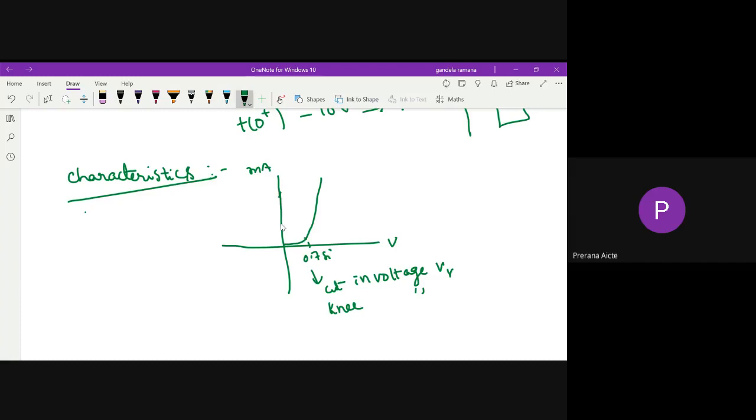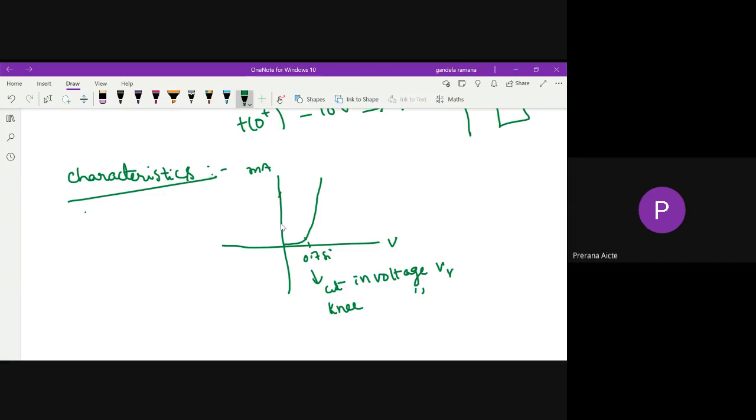So what is knee voltage, threshold voltage, or cut-in voltage? Knee voltage is defined as the forward voltage at which the current through the junction starts increasing rapidly. When a diode is forward biased, the forward current increases very slowly in the beginning, because the applied voltage is used to overcome the potential barrier.